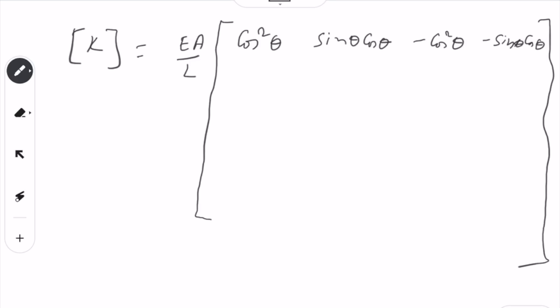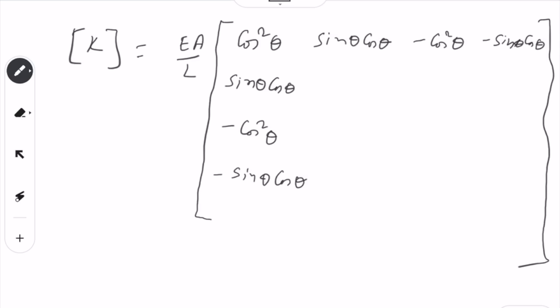Next, this has to be symmetric, remember, so we can actually copy directly. So we have sin theta cos theta, minus cos square theta, then minus sin theta cos theta.